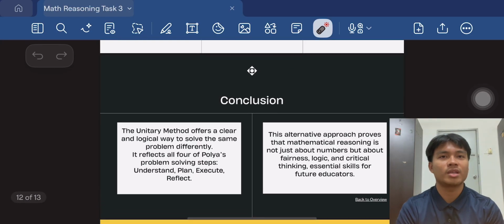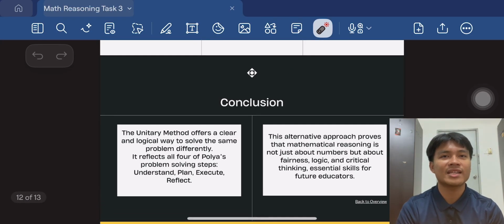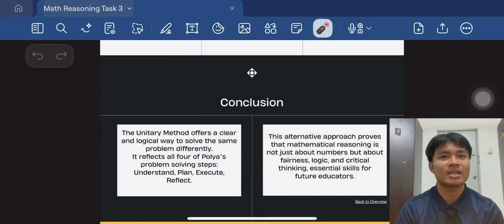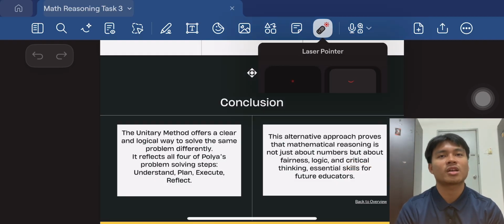It helped me see that reasoning is not just about getting the right number, but understanding why it's right. As a future educator, I think that's really important, because when students understand the reason, they don't just learn maths, they learn how to think critically.